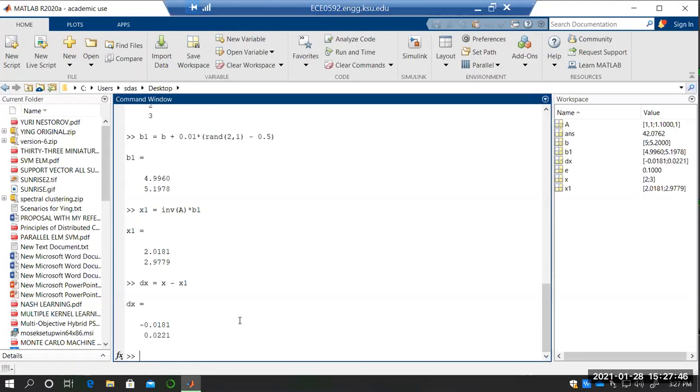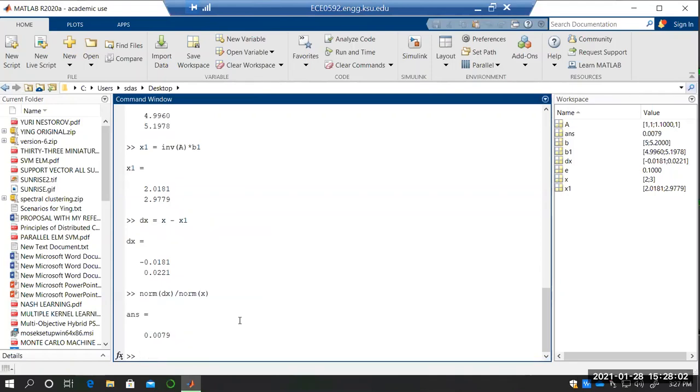So what's the fraction error? Norm dx divided by norm of x is the fraction error. 0.0079.